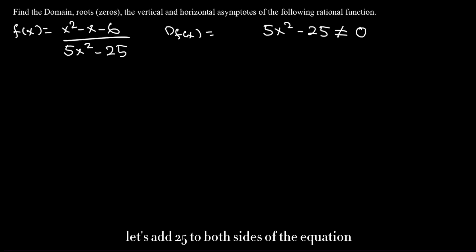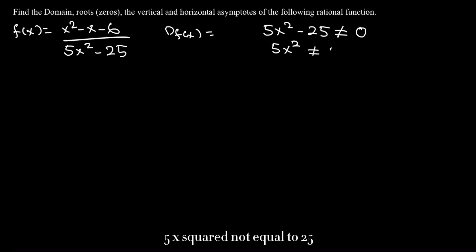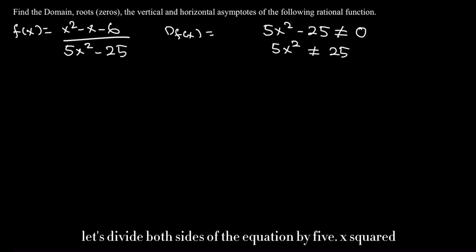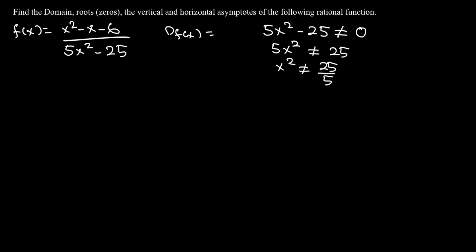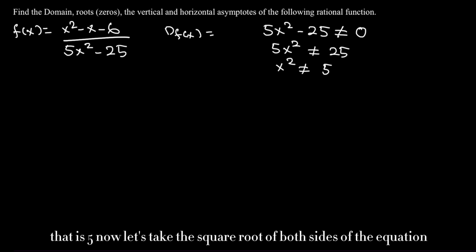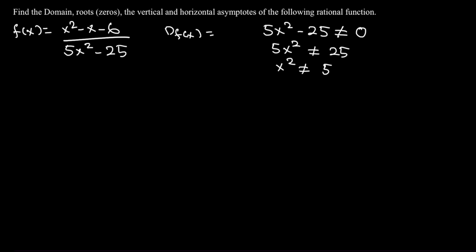Let's add 25 to both sides of the equation. 5x squared not equal to 25. Let's divide both sides of the equation by 5. X squared not equal to 25 divided by 5, and that is 5. Now, let's take the square root of both sides of the equation.